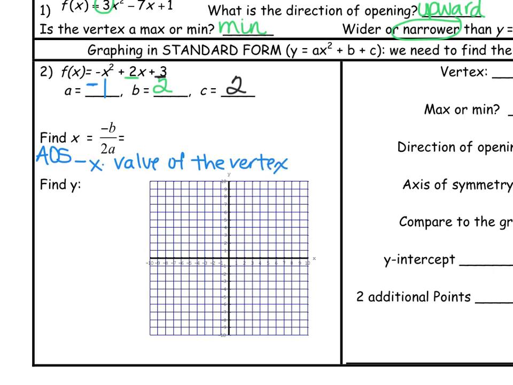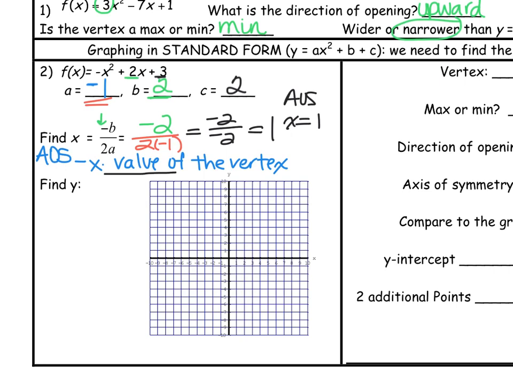So all we need to do is use this formula, substitute 2 in for b, and it's negative 2 because of the negative sign here. We're going to substitute in negative 1 for a, and we get negative 2 over negative 2, and that gives us a positive 1. So the axis of symmetry is x equals 1.